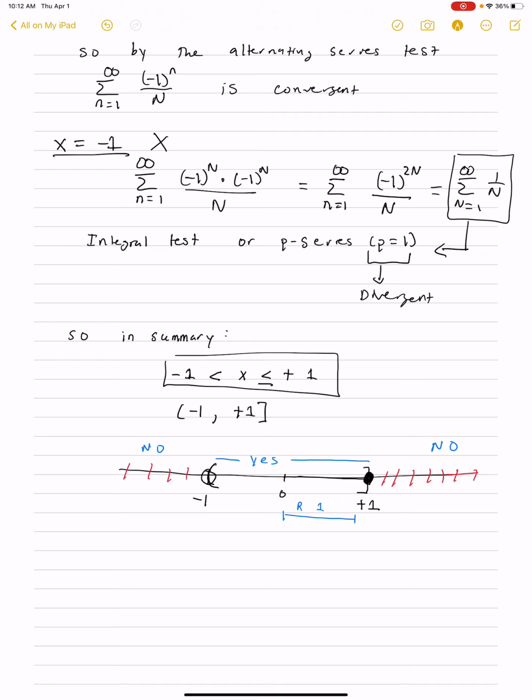That's r equals 1. Or I can go a radius of 1 in this direction. So there is a radius of convergence that's 1 in this instance. Okay, and the key takeaway is if you're asked for the interval of convergence, I've written it down 3 times. Any one of these is sufficient. Okay, thank you very much.